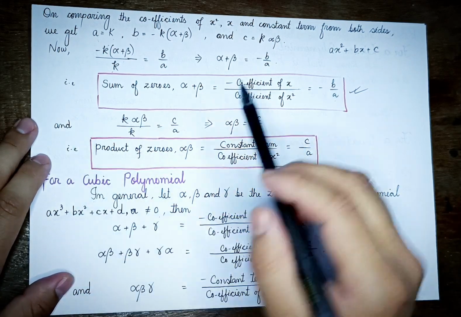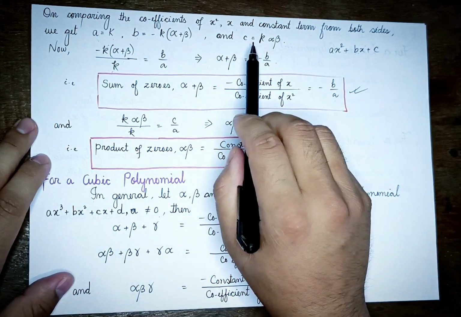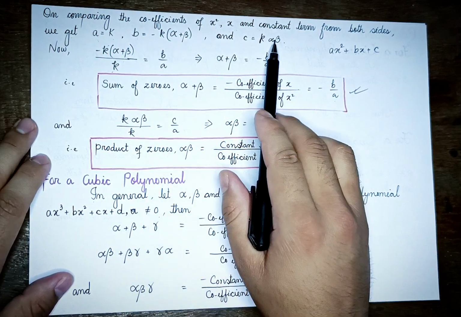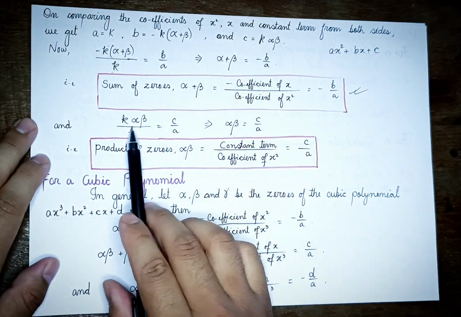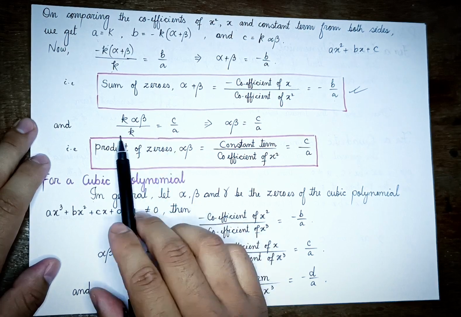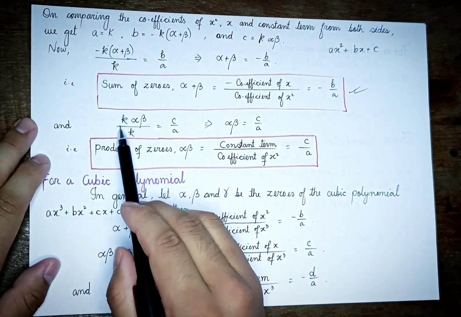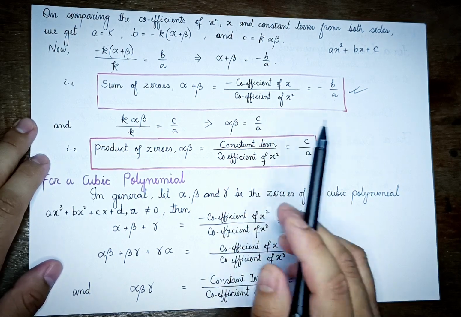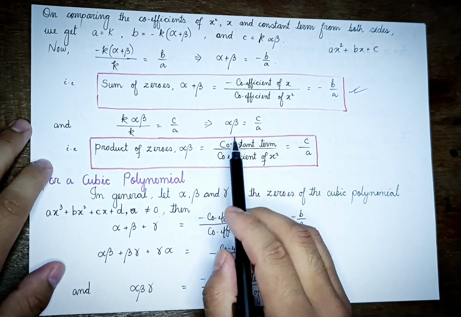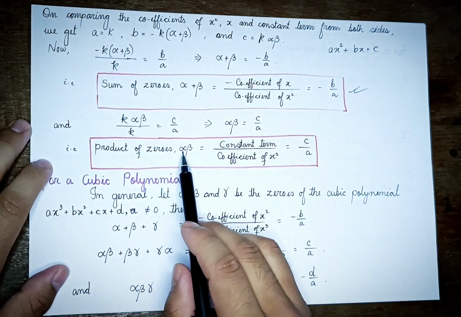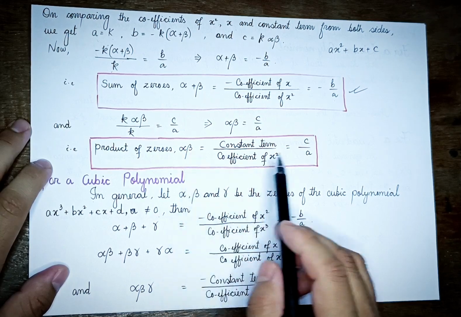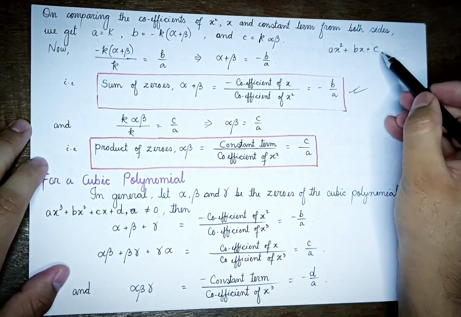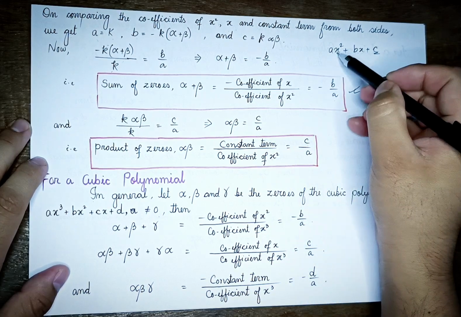And if I divide c by a, we get the value of c is k·alpha·beta and the value of a is k. Cancelling k, we get alpha·beta = c/a. So the product of the two zeros, alpha into beta, is c/a, where c is the constant term and a is the coefficient of x².